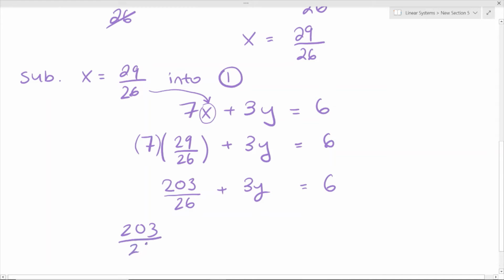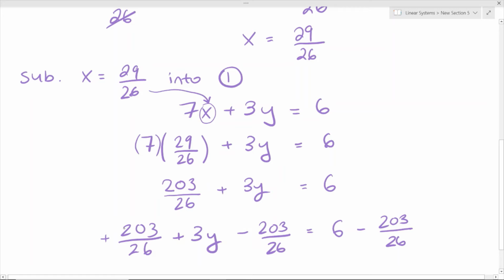I'm just going to copy this first, and subtract it on both sides. And why do I subtract it? Well, 203 over 26 has no sign here, but there's always going to be an invisible plus sign. You can write it, but usually it's not written, but we know that this is positive.